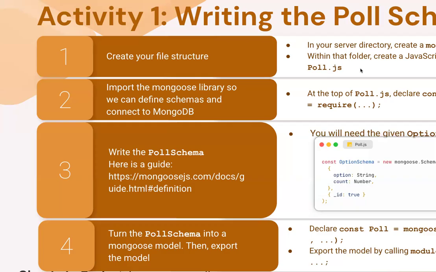Oh, well, one thing we actually want: option schema is gonna go inside poll schema. So this should be poll schema. Okay, and then option schema is something that goes inside your base class.